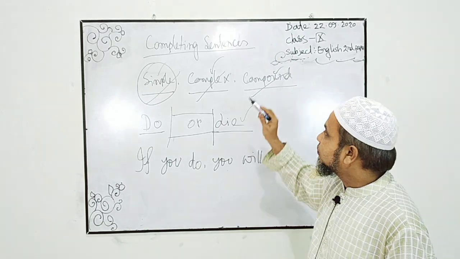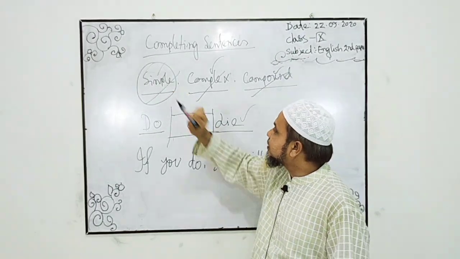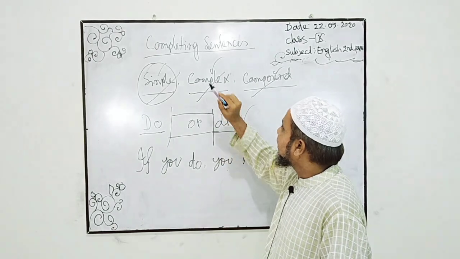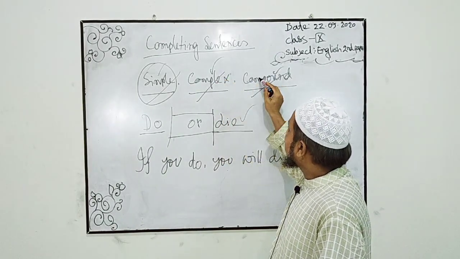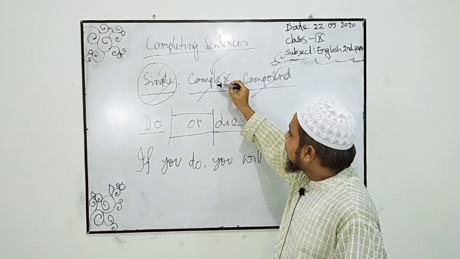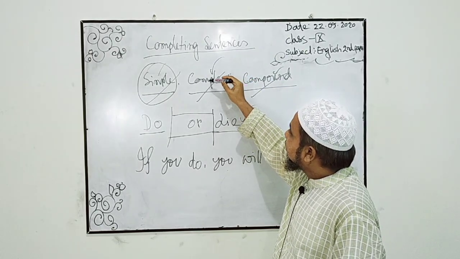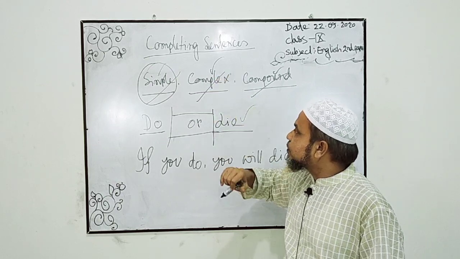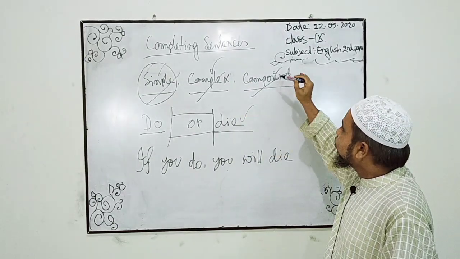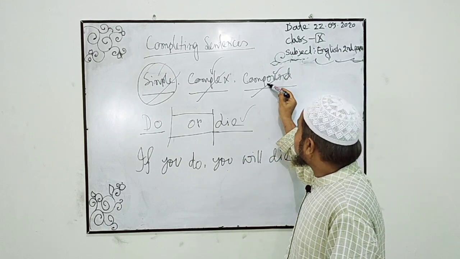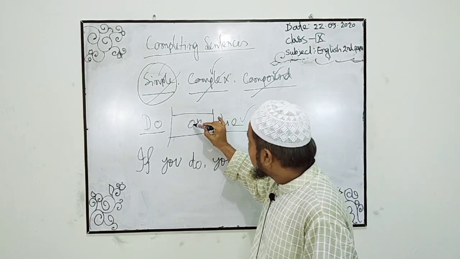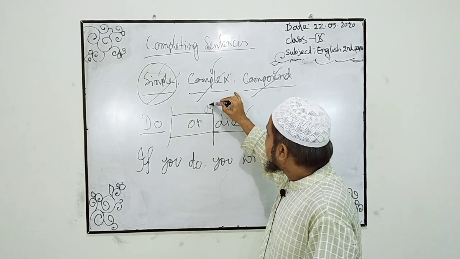For this lesson, we can say a simple sentence has only one clause, and a complex sentence has more than one clause, and a compound sentence also has two or more clauses. A complex sentence has one principal clause and one or two subordinate clauses. A compound sentence has two principal clauses, connected with conjunctions like "or," "and" and "but."